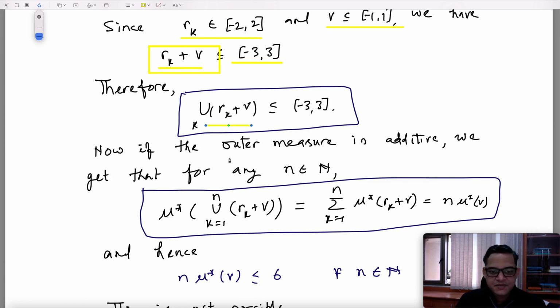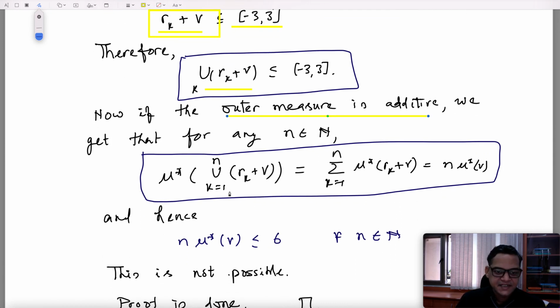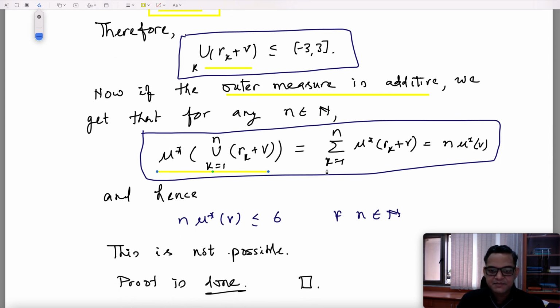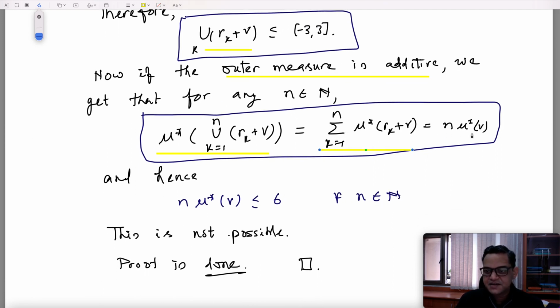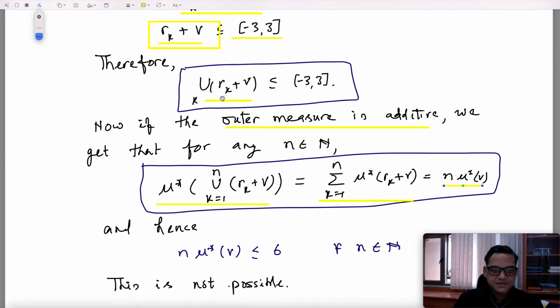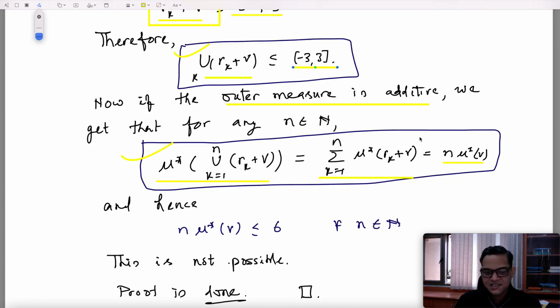if the outer measure had this additivity property, then for any fixed n, the outer measure of the union should be exactly the sum of the outer measures. Translation invariance tells me that each is mu star of B, summed n times, so you get n times mu star of B. Combining this with the previous bound, we get that n times mu star of B is less than or equal to 6.